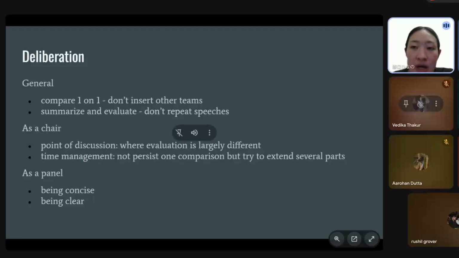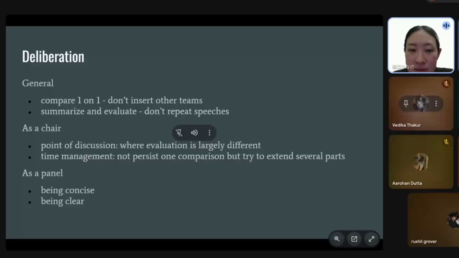For example, if you are asked a question by the chair, you can just say, I agree with this perspective, or I disagree with this perspective because, etc. So you can just state the conclusion first to make sure that the chair understands what you're trying to say. Being clear is one of the very important things that you have to care about as a panelist in order for chairs to clearly and correctly represent your thought.